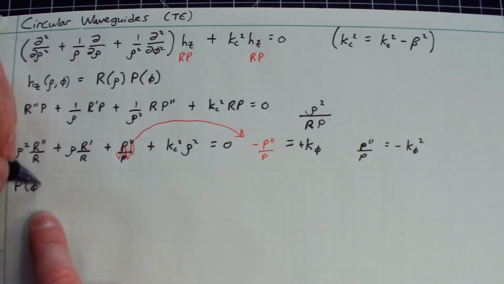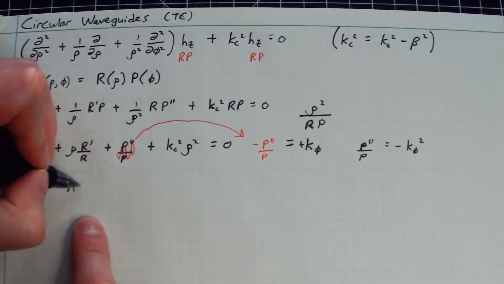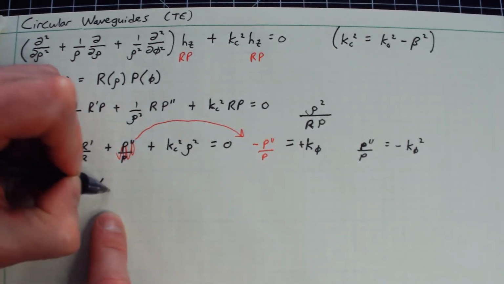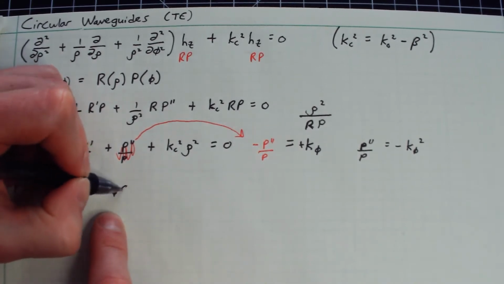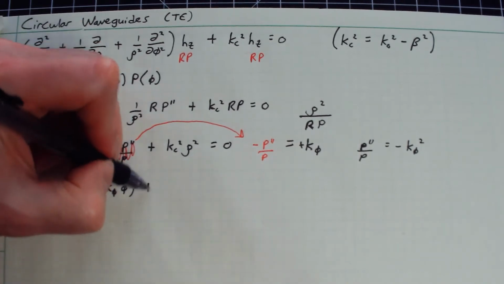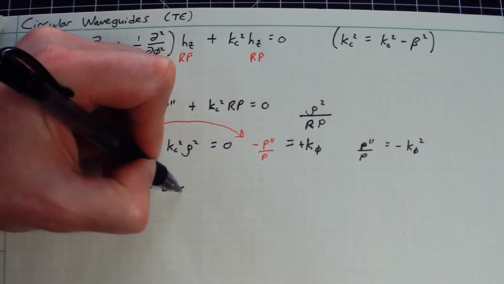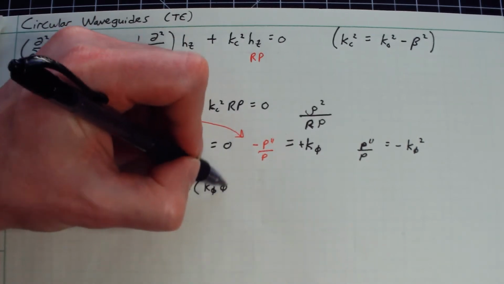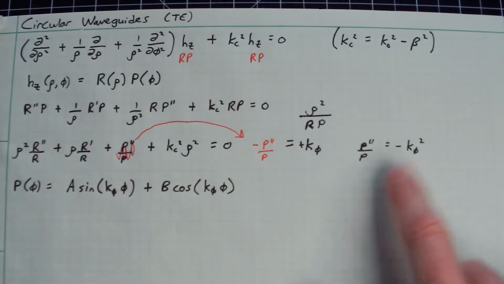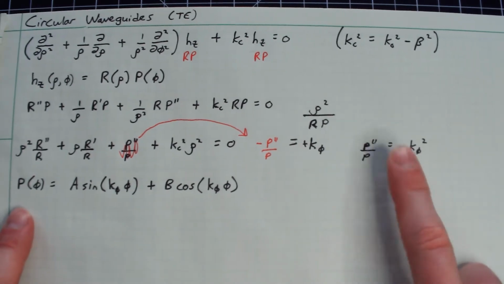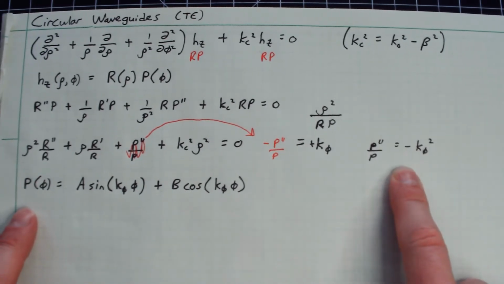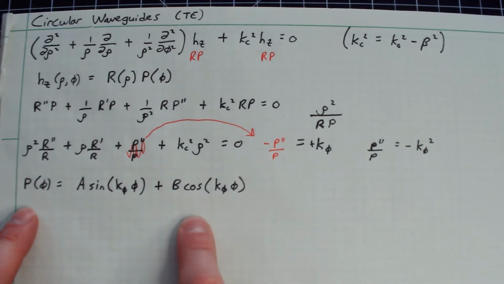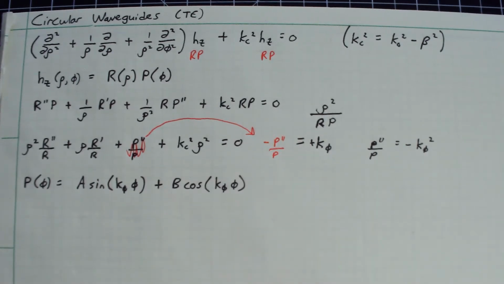P of phi is equal to A sine of k sub phi plus B cosine of k sub phi times phi. This is immediately implied by this ordinary differential equation. That is to say, this is the general solution to that differential equation.